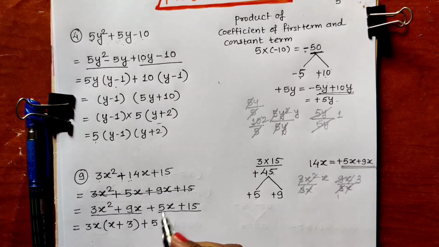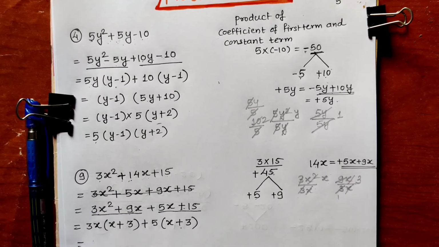From 5x, 5 is taken out common, x is remaining, plus sign is there. From 15, 5 is taken out common, that means 15 divided by 5, 5 threes are 15. We get x plus 3 common bracket. And in the second bracket, we can write 3x plus 5.